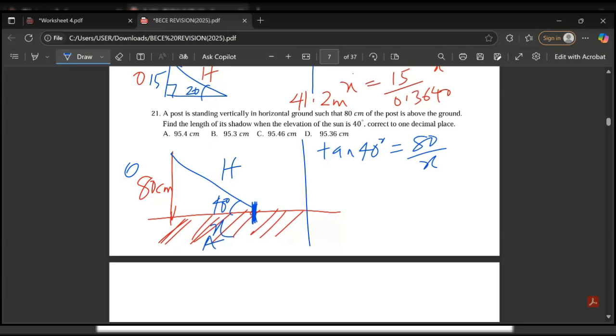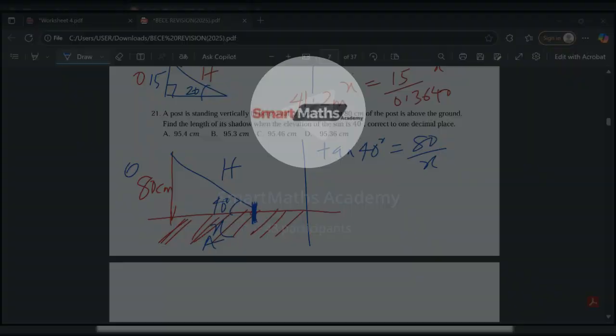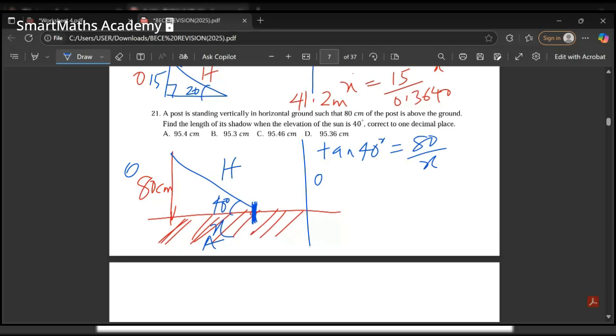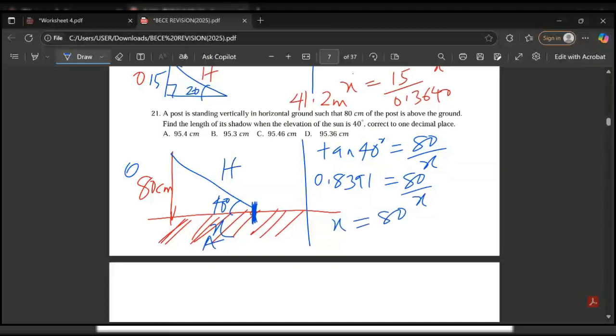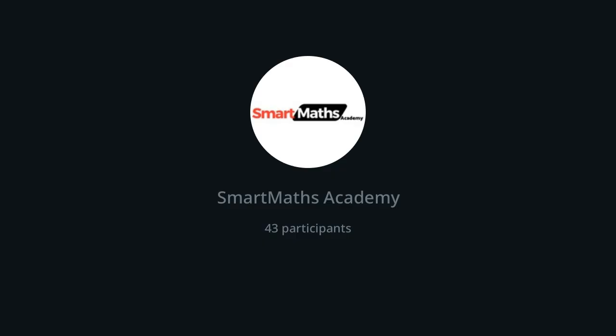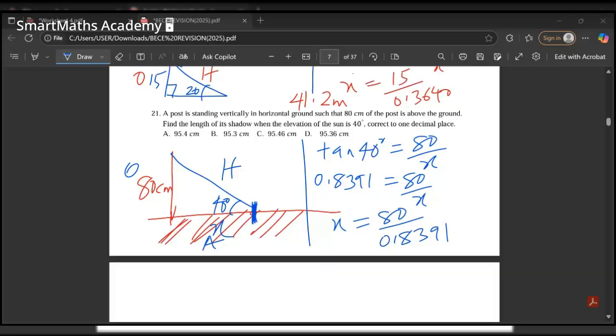So let's find the value of tan 40. So 40 tan. That gives us 0.8391. 0.8391 equals 80 divided by X. So that means X equals 80 divided by 0.8391.